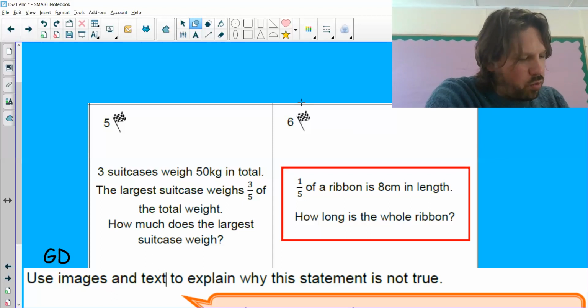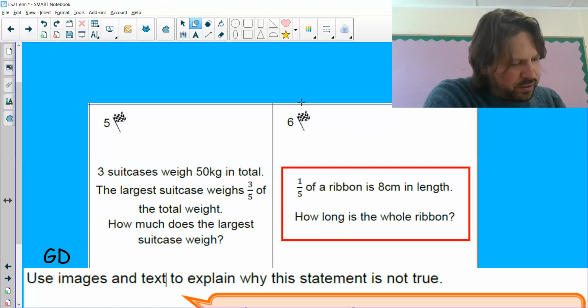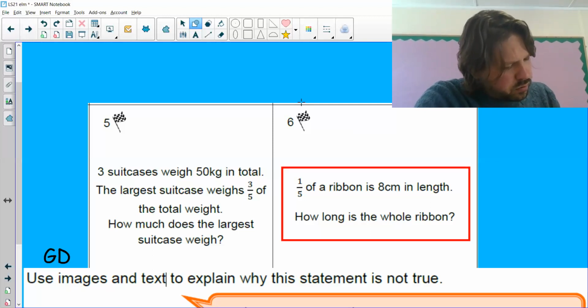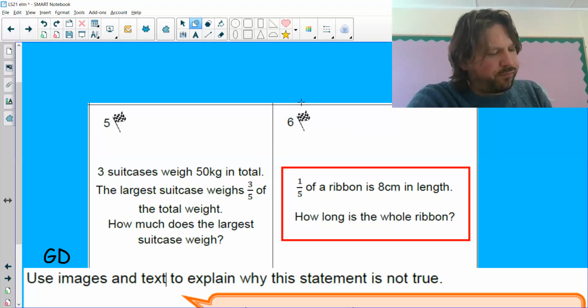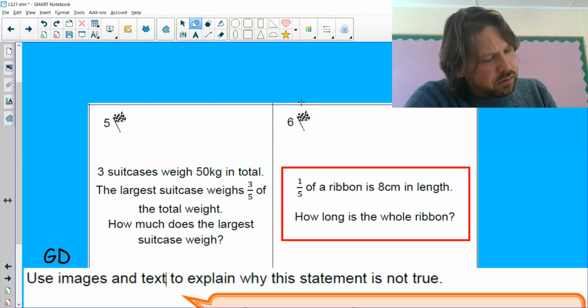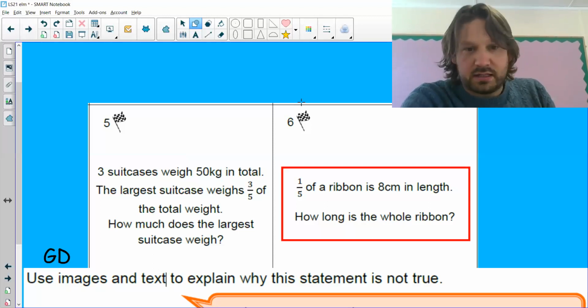Okay, so it works out 1/5, 2/5, 3/5, 4 and 5. And each box I did was worth 4. So it's 4 add 4, 8. So it's 8 add 8 add 8 add 8 add 8.